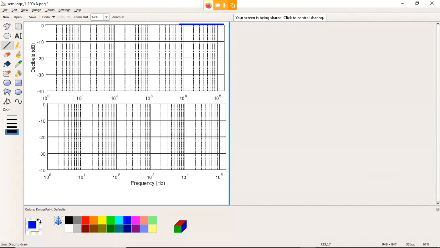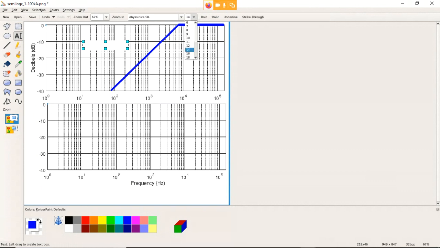So this was the magnitude, and then here we're dropping off at minus 20. That's what I thought, it's way too small. Minus 20.